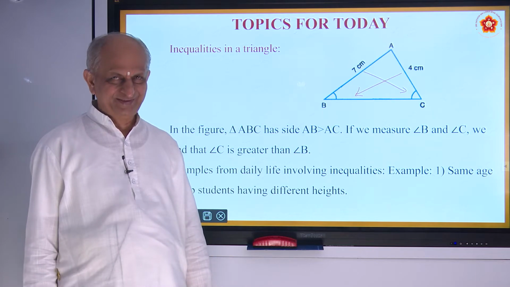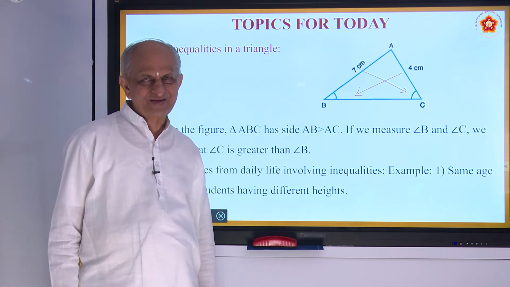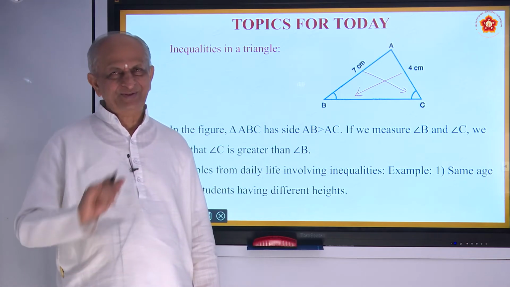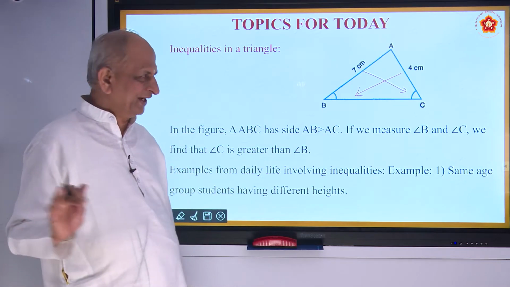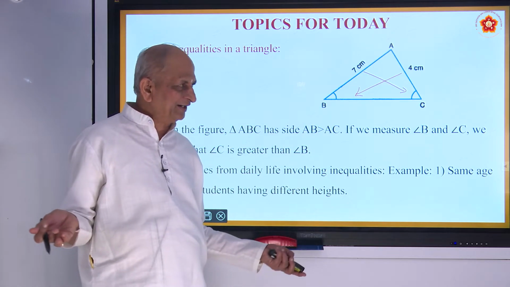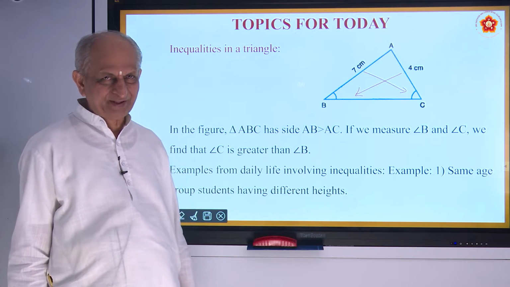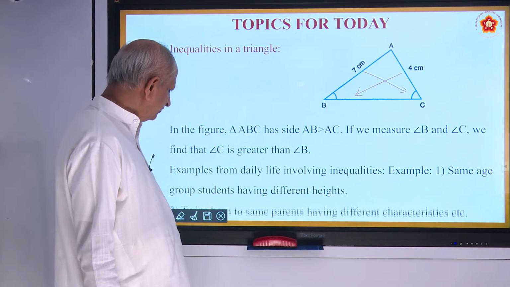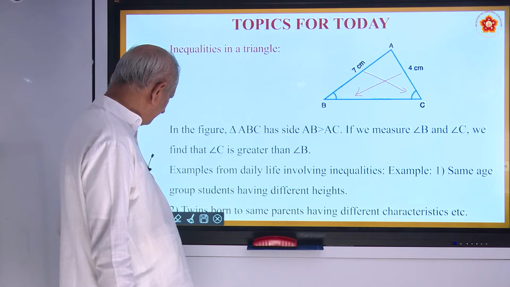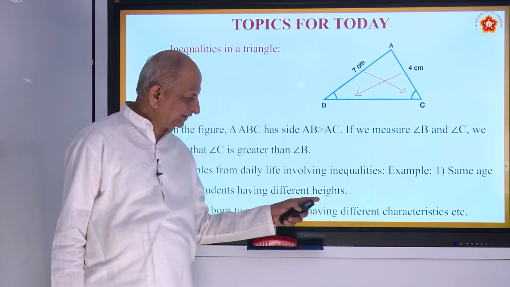That is inequalities. Similarly, weights also. One is very fat, one is very thin. Even though the age is same. So, that is called inequalities. Of course, it is all God's creation. You should not tease each other. You should not condemn others, okay? And also you have some more examples like this. Twins born to the same parents having different characteristics.